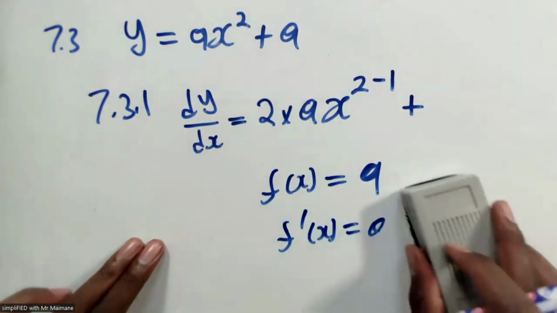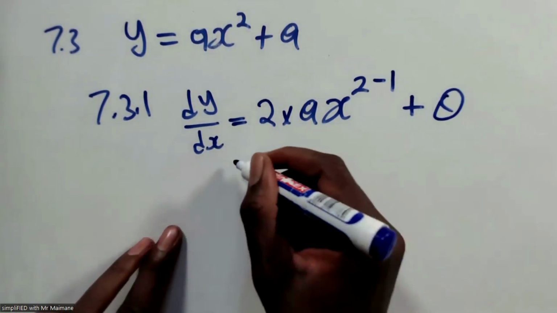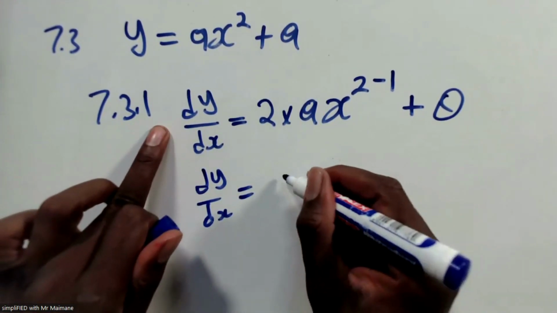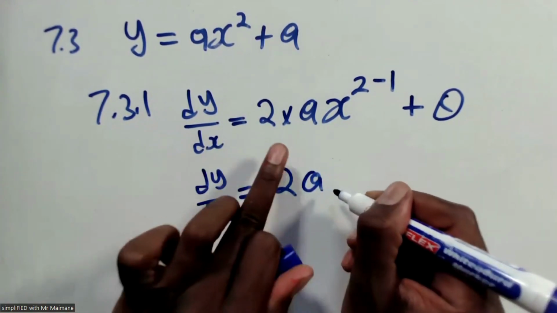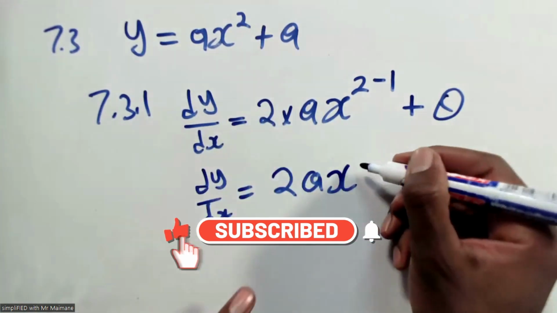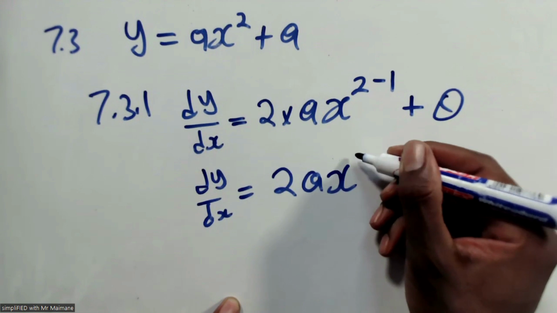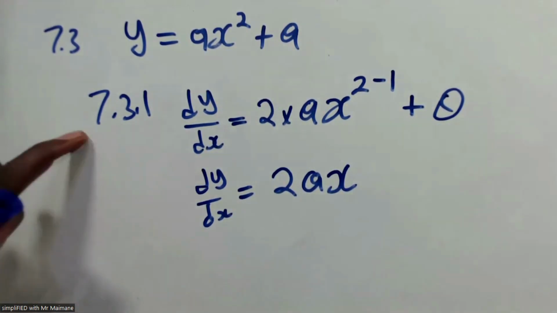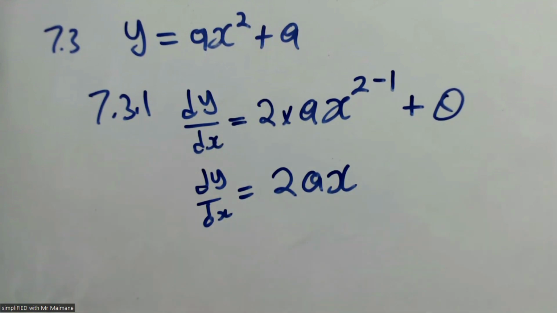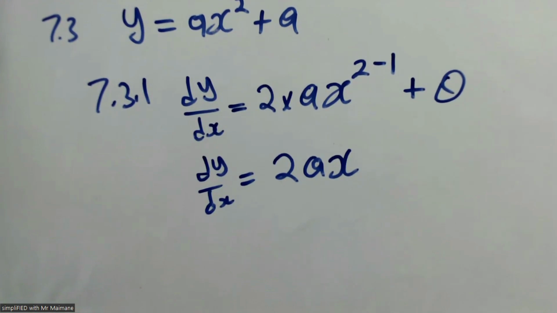The differential of a constant number with no variable on it is always 0. Therefore, it's going to be 0. This means our dy over dx for 7.3.1 is 2 times a, 2a x, and 2 minus 1 is just 1, and since it's to the exponent 1, I don't have to show the 1. So for 7.3.1, dy over dx is 2ax. 1 mark. Nothing much to be done there.